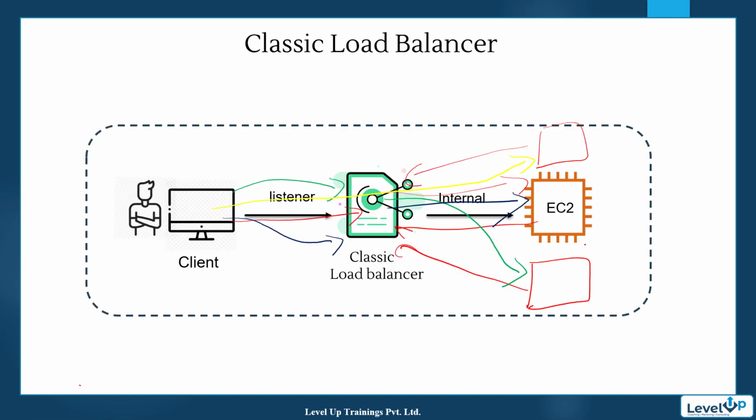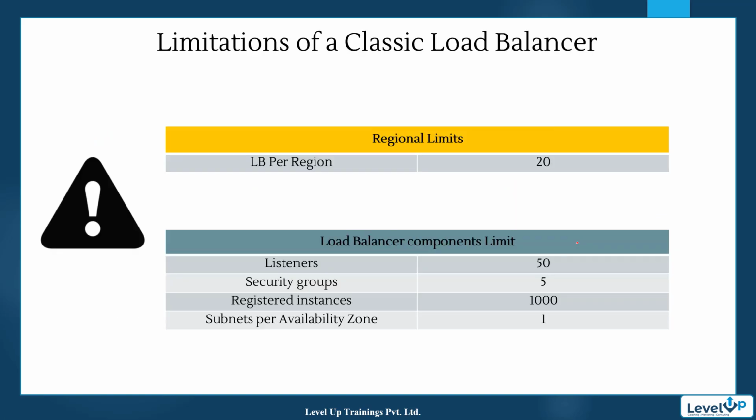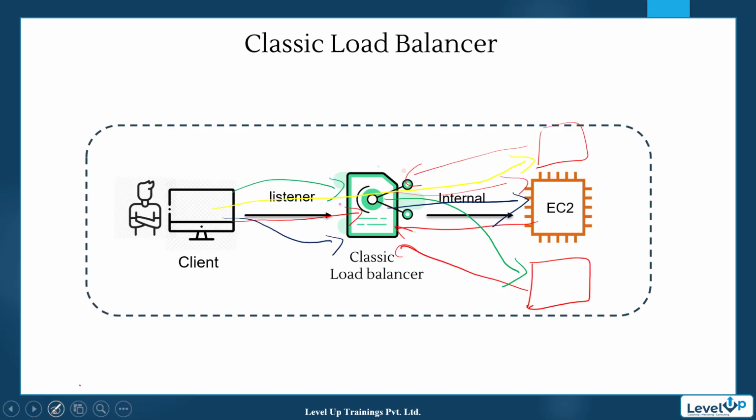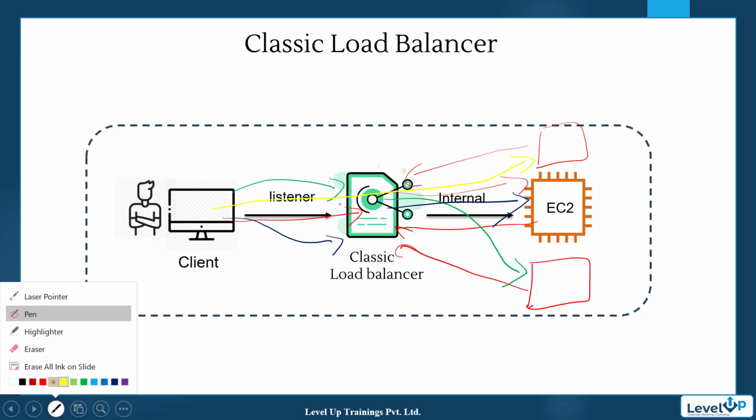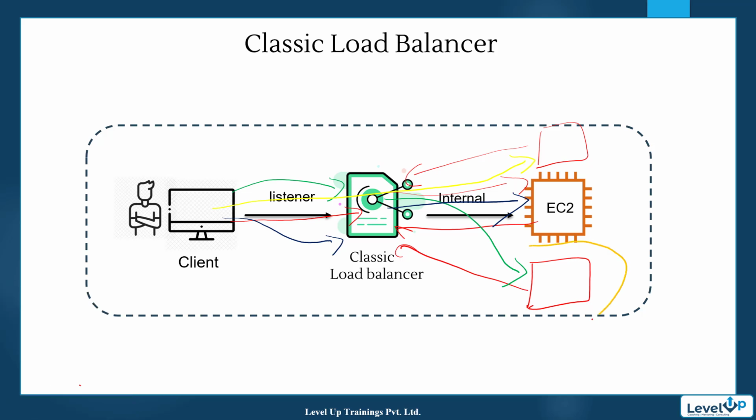One more function of the load balancer is, let's say now we have this server, right? This is an EC2 instance. Now if the server is unhealthy and we send a request to it, it will not be able to process the request.